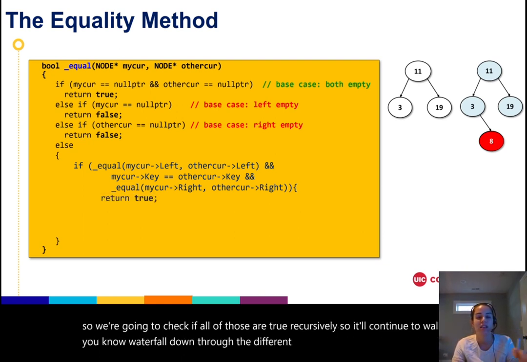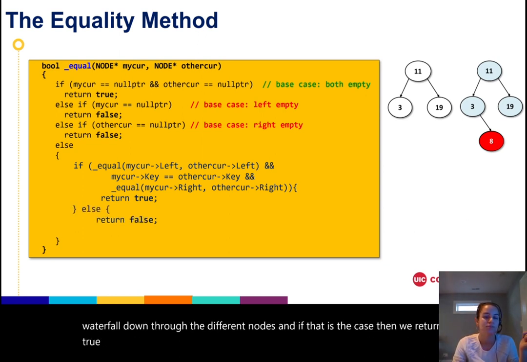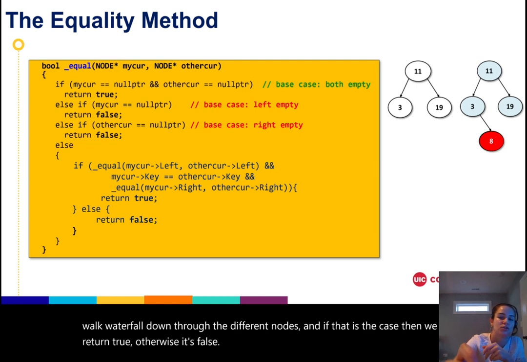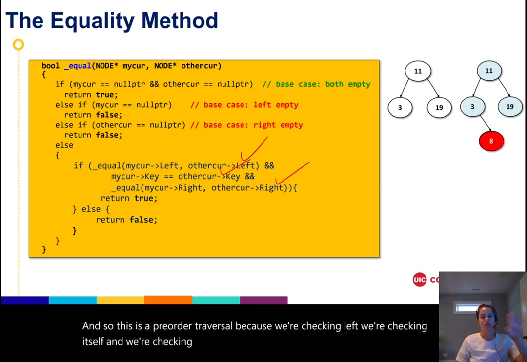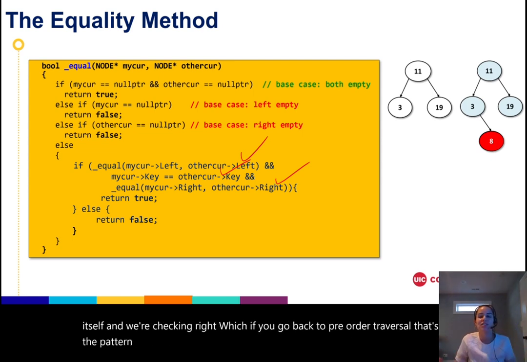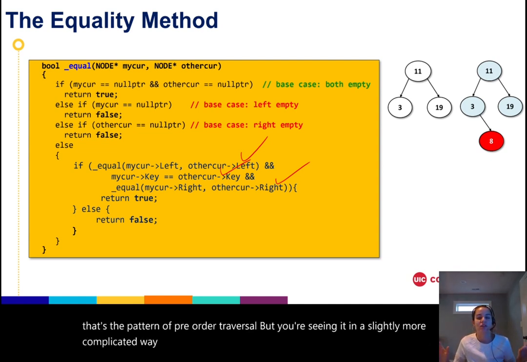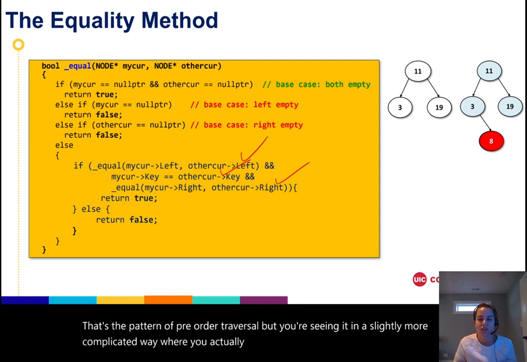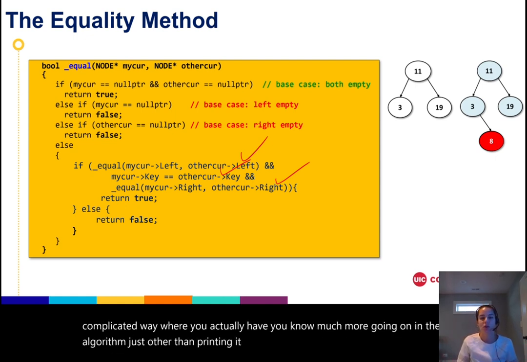If that is the case, then we return true. Otherwise, it's false. This is a pre-order traversal because we're checking left, we're checking itself, and we're checking right, which, if you go back to the pre-order traversal, is the pattern of pre-order traversal. But you're seeing it in a slightly more complicated way, where you have much more going on in the algorithm other than printing it out, because you're checking for equality.